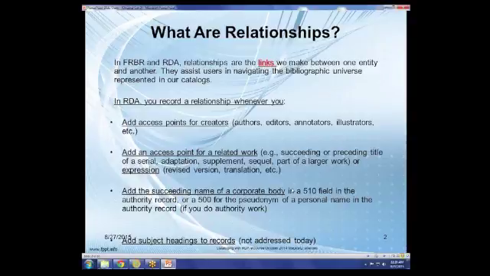When we create access points or authority records, we are trying to capture these relationships. So author names, added authors, as they're labeled in SAGE, subject headings and series headings are all examples of these.